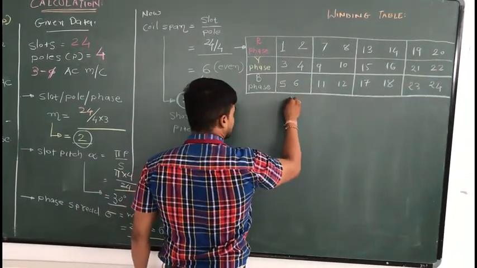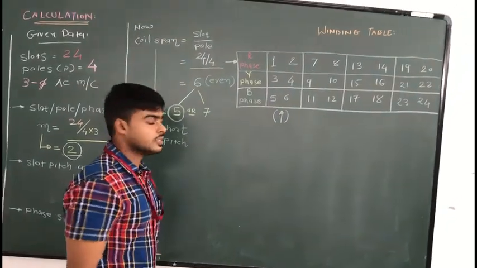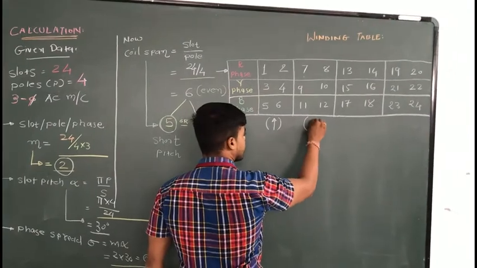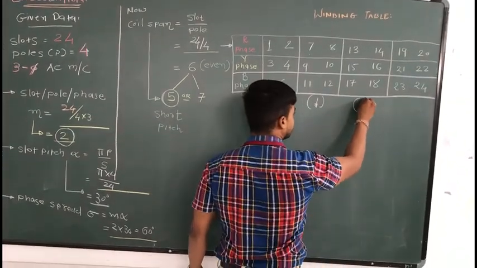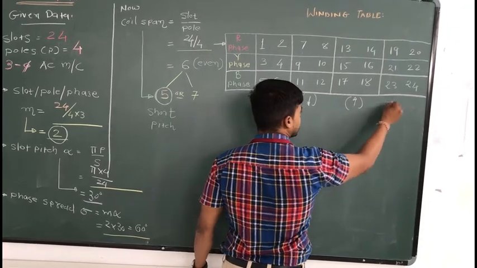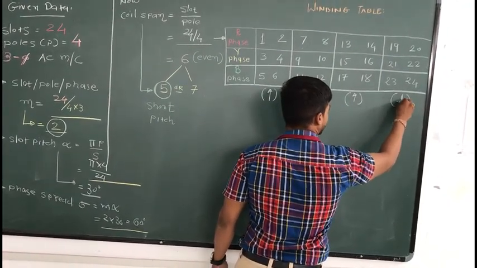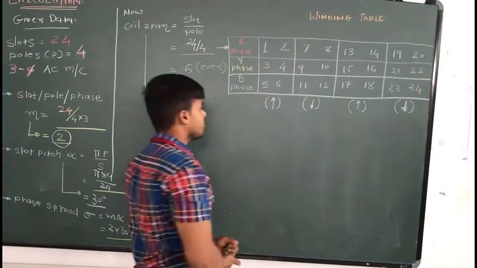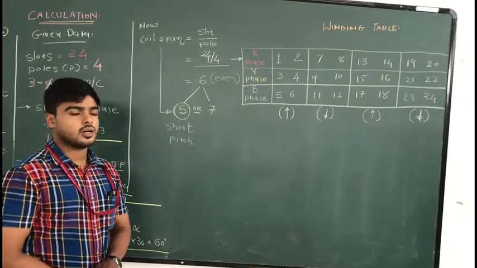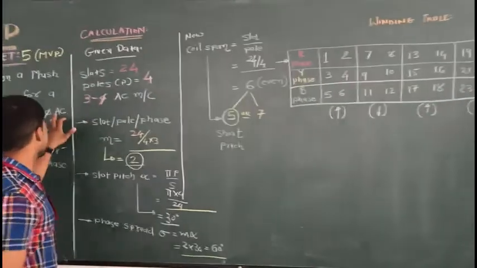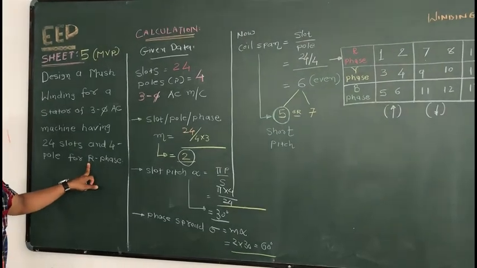The first column conductor has upward direction. The second column conductor has downward current direction, and the third one is again upward. The last one is down. So now from this winding table we will construct our winding for 24 slot 4 pole.